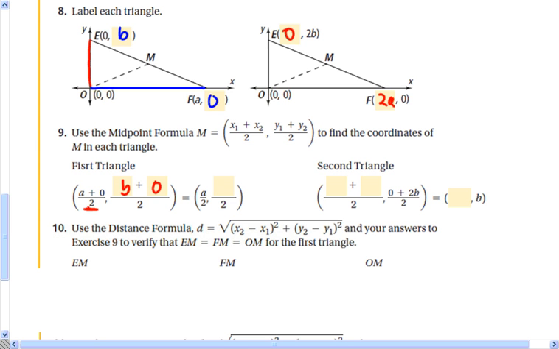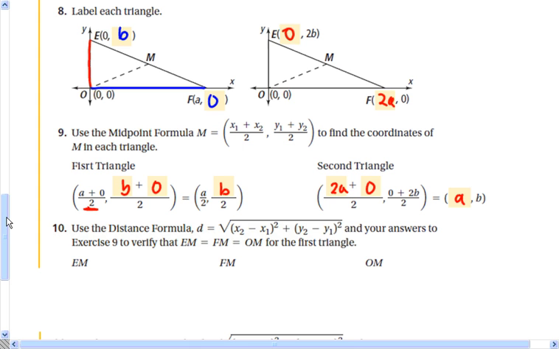And when we do that, we get a divided by 2 and b divided by 2, which doesn't seem too bad. But on the second triangle, when we use 2a and 2b for our horizontal and vertical distances, we get to do 2a plus 0 and 0 plus 2b divided by 2, and that gives us just (a, b) for our midpoint.